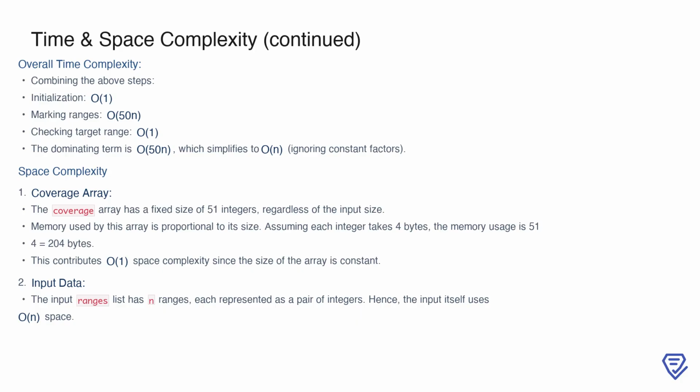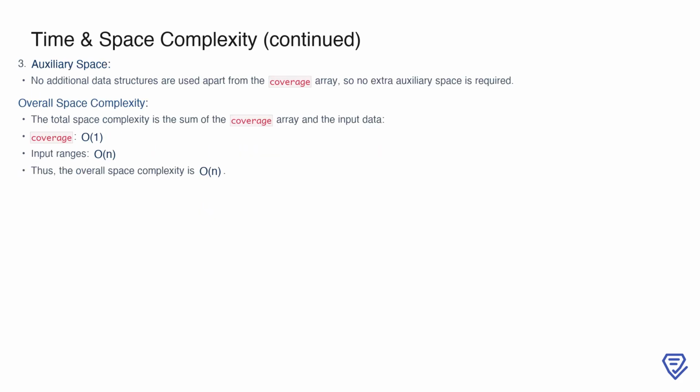Moving on to space complexity, the coverage array is a fixed size of 51 integers, which contributes a constant space overhead of O(1). For the input data, the ranges list consists of n pairs of integers, meaning it uses O(n) space. Let's look at any other contributions to space usage. In terms of auxiliary space, the solution does not use any additional data structures besides the coverage array.